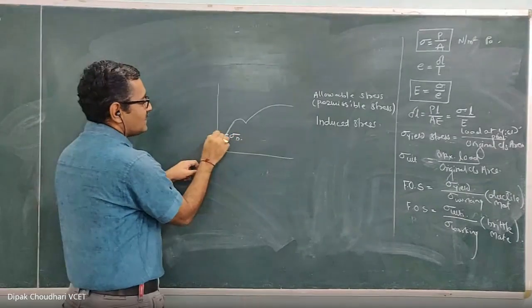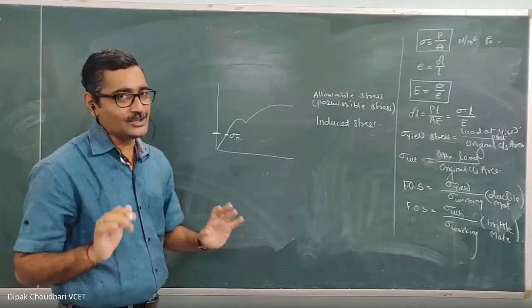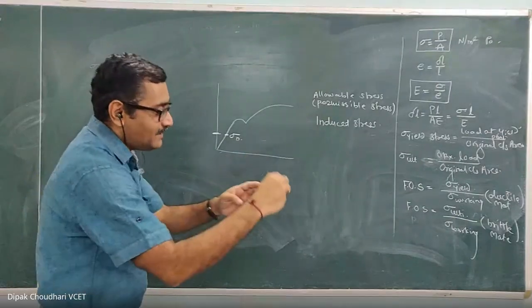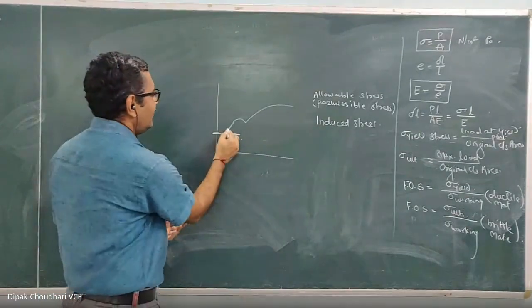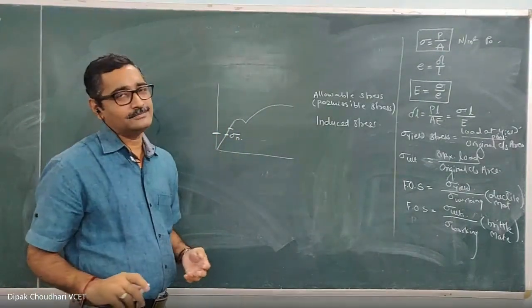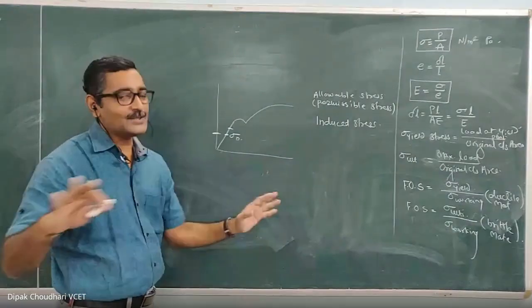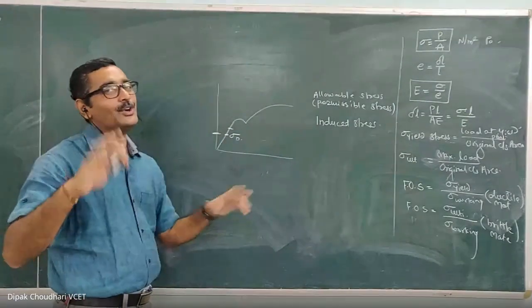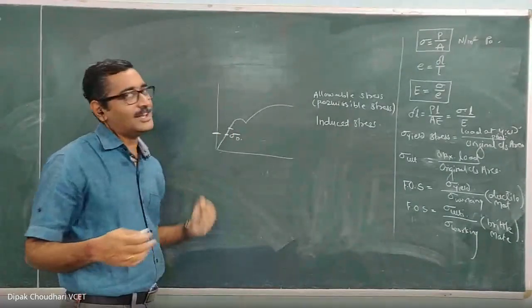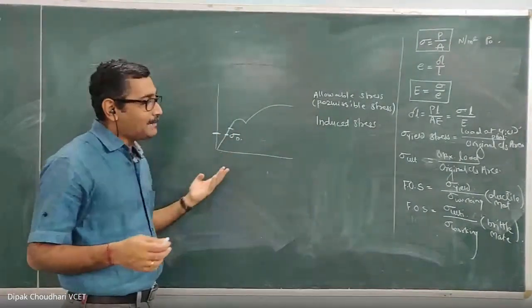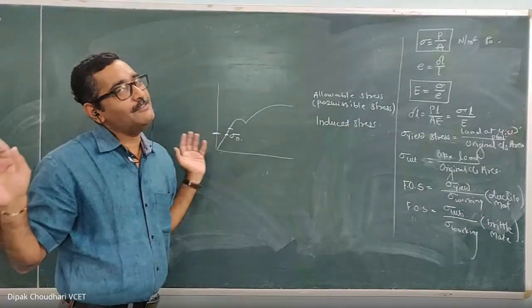This much stress value is allowed to be induced in that material. If the external applied force is more, the induced stress will go beyond the allowable value. It is not expected to, and it should always be within the allowable value. But if it happens, the material will not fail immediately.